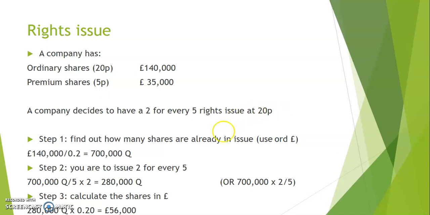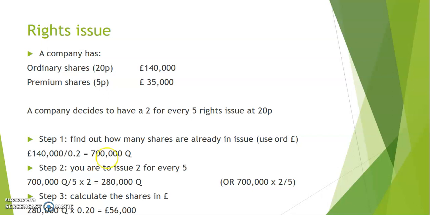is you need to find out how many shares the business has already in issue. So you take the £140,000, or the ordinary share value, and you divide it by 20p. This gives you 700,000 shares. That's how many shares they have in issue.